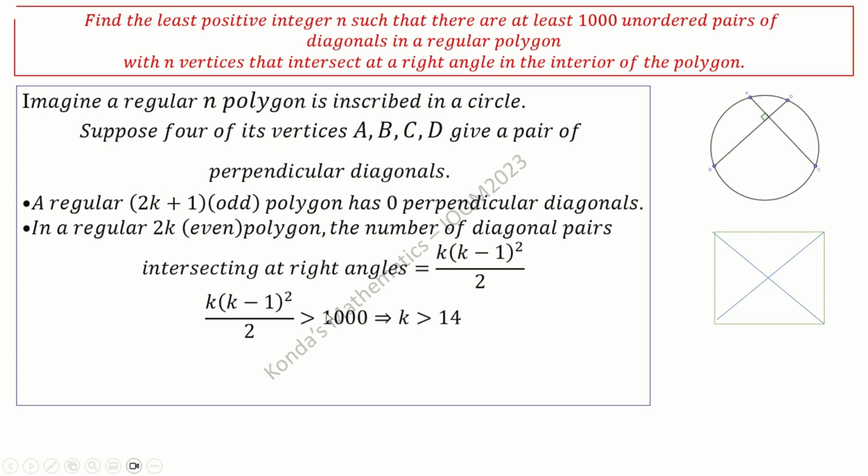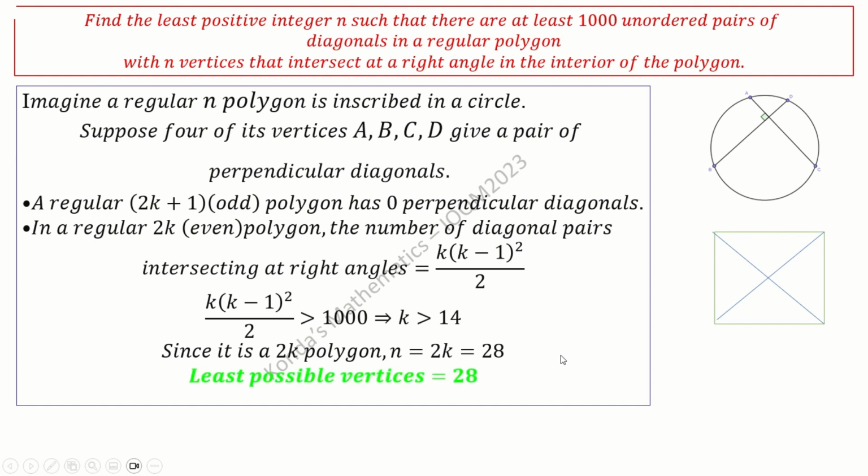If you take 13, you will get less than 1000. With 14, you will get more than 1000. So k is 14, and 2k is the polygon sides, that means n equals 2k, which is 28. So this is the correct answer given by IMO.